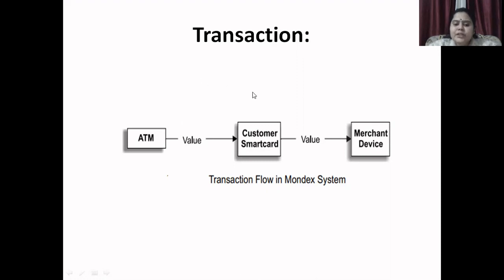Next, to purchase an item, the customer provides the card to the merchant, points to the sale device, and authorizes the transfer of a certain value. The amount is electronically deducted from the chip inside the customer's card and added to the amount in the retailer's chip. This is implemented with this diagram, which shows the transaction flow of the Mondex system.